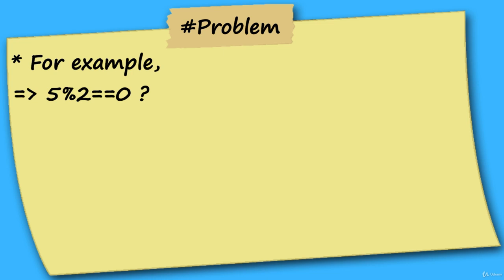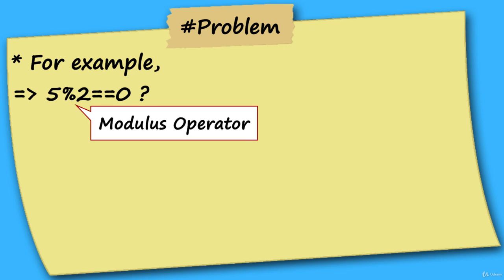So I'm going to start checking with 2. Now here I'm going to use a percentage sign, even in the logic and even in the pseudocode, because percentage is a most commonly used operator known as the modulus operator, which returns the remainder. So the modulus operator, the percentage operator, can be used to check the divisibility.